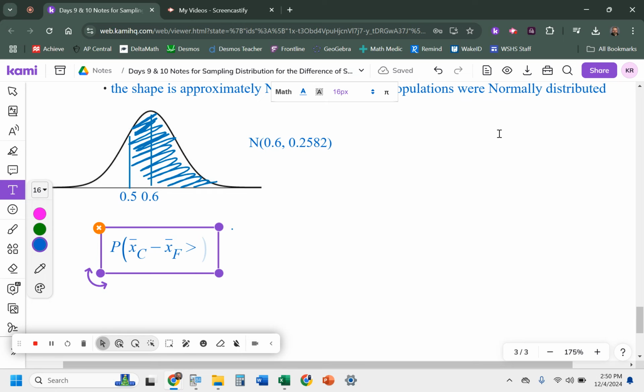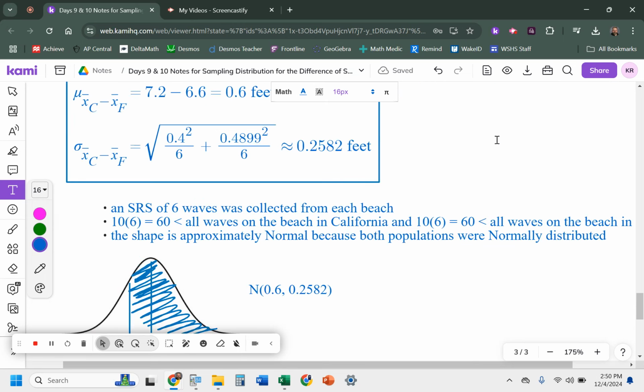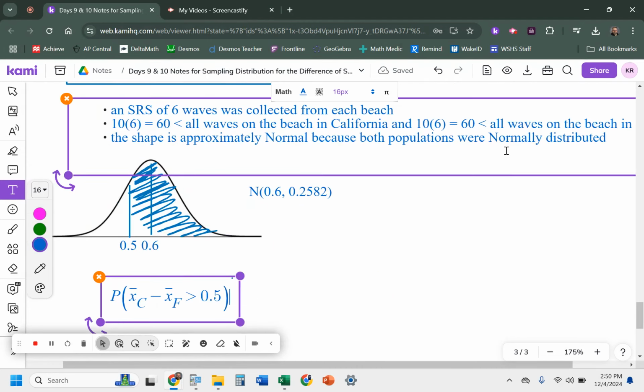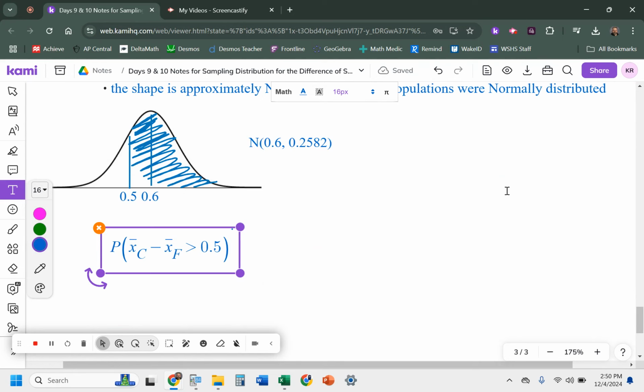And so again, this is the same notation that they used above, and this is the question that was asked. x bar sub c minus x bar sub f is greater than 0.5. And so we're going to go ahead and do our normal CDF calculation.